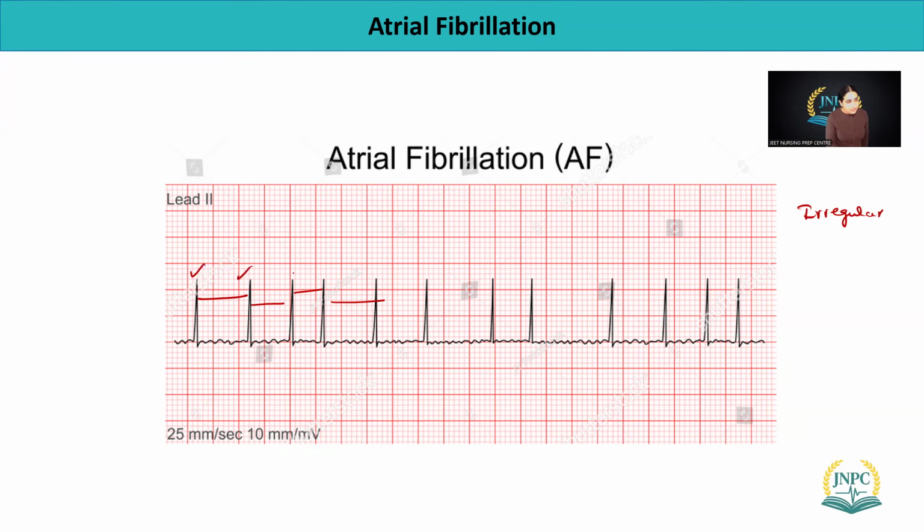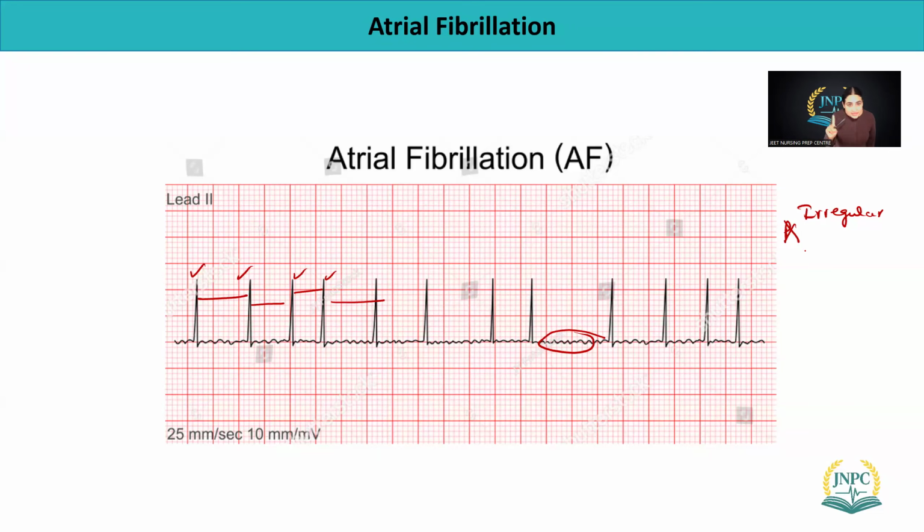We do have QRS, but can we locate P waves anywhere here? Instead of P waves, it's just waves. So we will see no P wave. Clearly, when you see these two criteria, always pick atrial fibrillation.